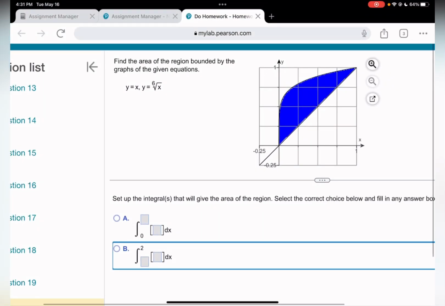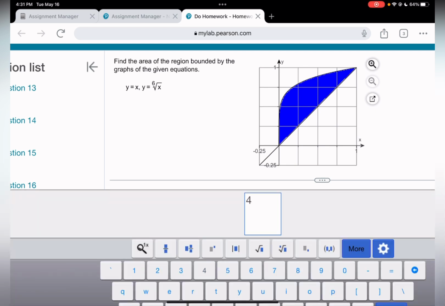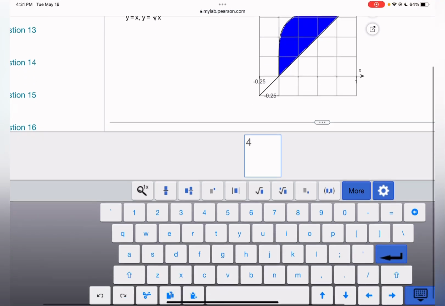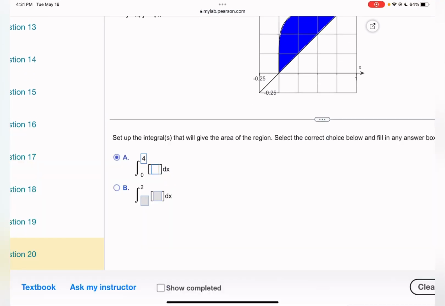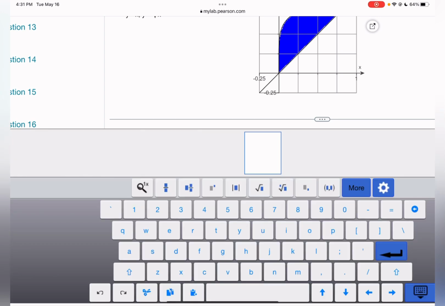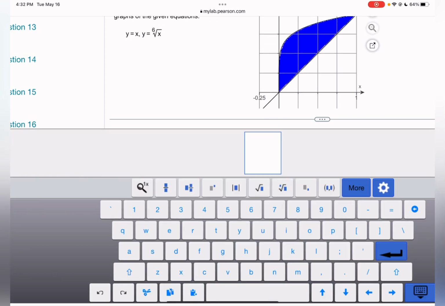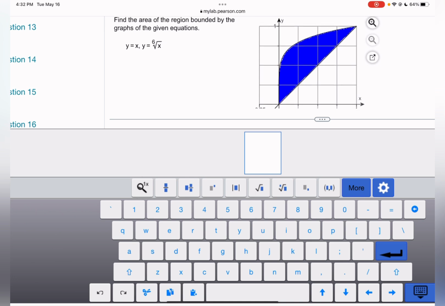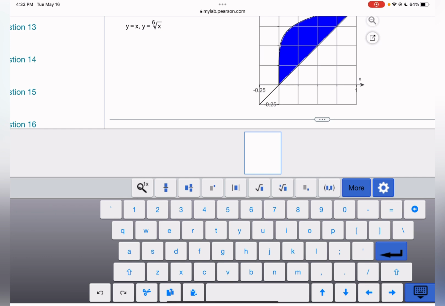Since we have the 0 and 4, here we are going to have, what is the expression for the curve? Radical degree 6 over x. Let me see, here it is. This is going to be 6, no, this one.